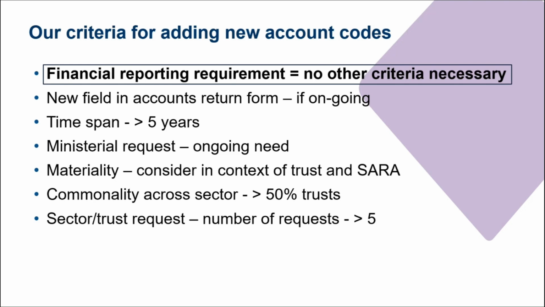We consider the materiality in terms of how we collect the data centrally and also within the trust. Is it material? Also, we think about whether it is going to be common across the sector.